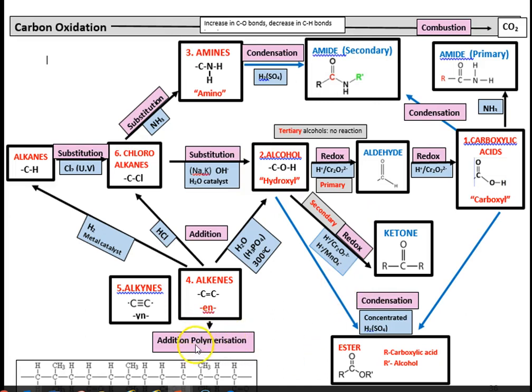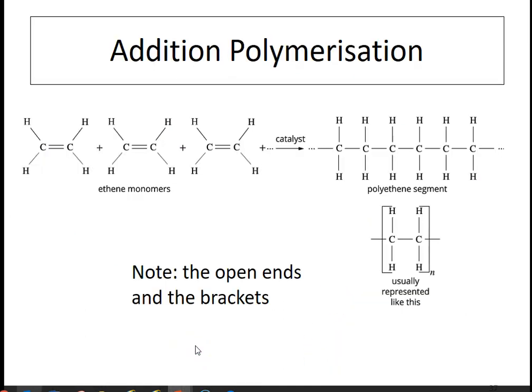Okay, we need to do the last one here, addition polymerization. You might remember in Year 11 I got everyone to stand up and hold hands to form a double bond. So a person here with their 2 hands and another person here with their 2 hands are forming a double bond. Same here. And then I've got these people here to let go of one of their hands and form a bond between them, which is what this bond here and this bond here is.